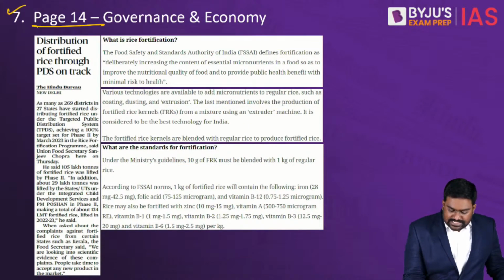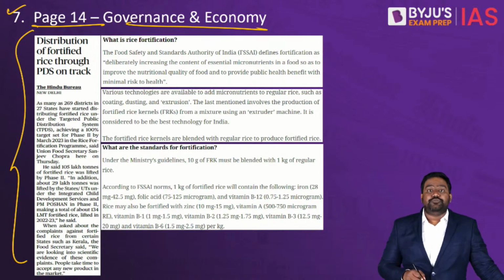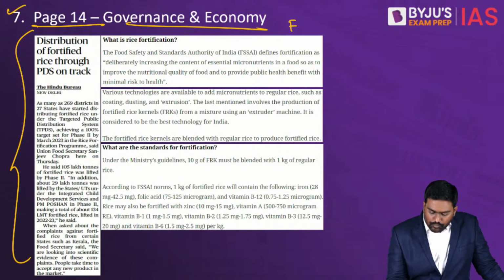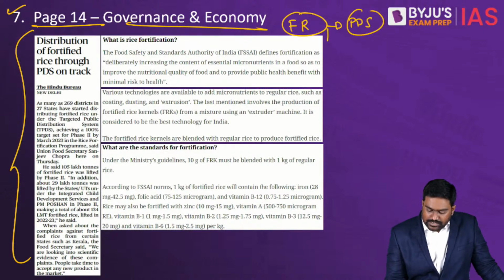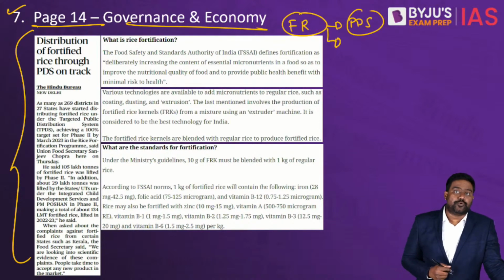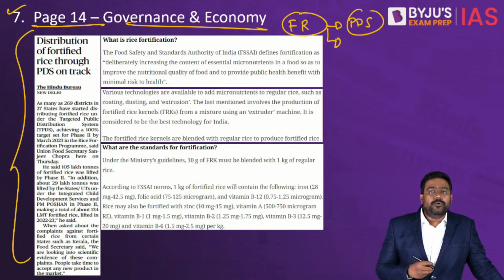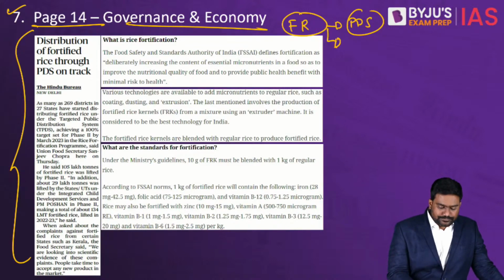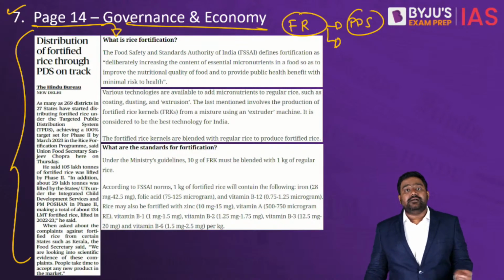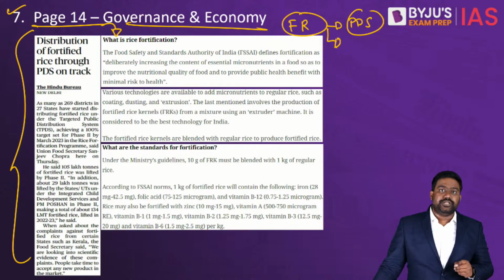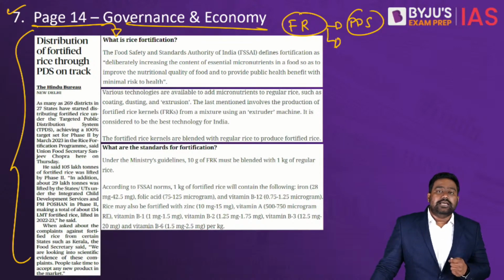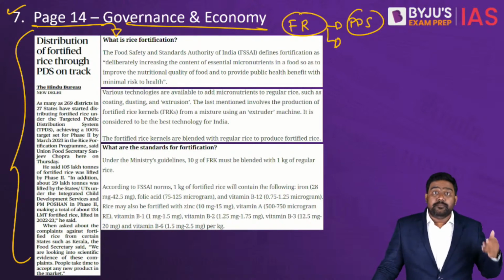Next, the 7th article on page 14 is related to fortified rice, which is distributed through our PDS and other nutrition related schemes and programs. As you know, one of the critical problems in developing countries like India is the lack of micronutrients in our nutrition, in our diet. Especially the poor, weaker sections, women and children.